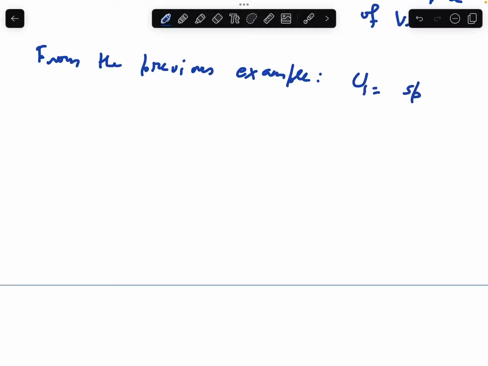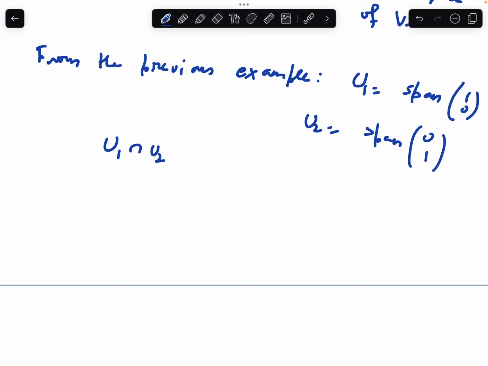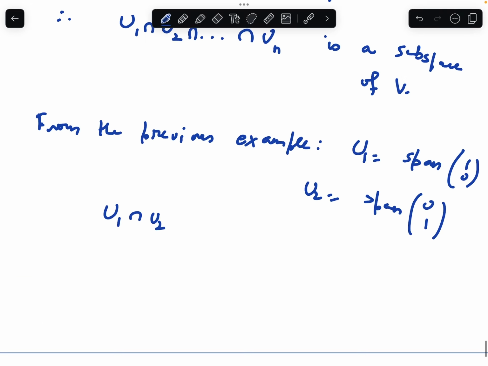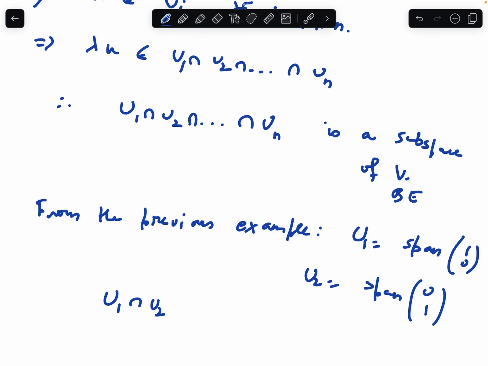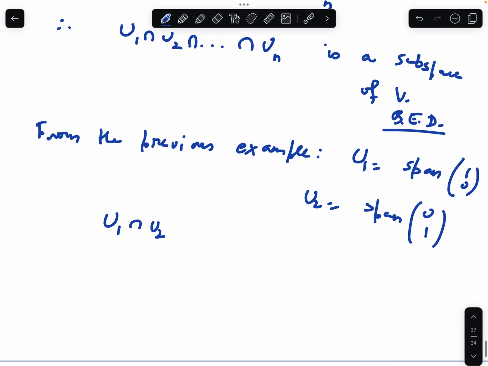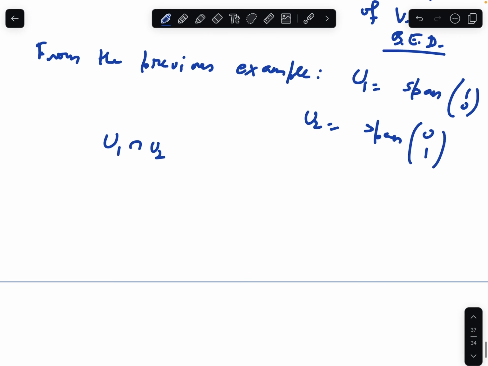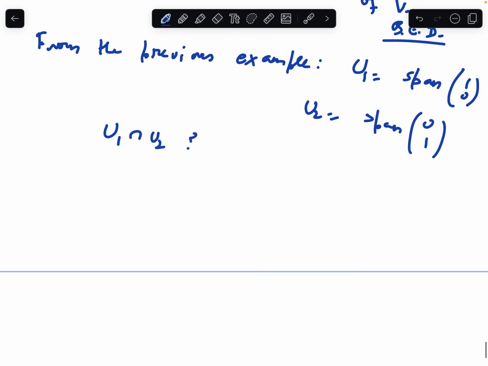X-axis means span of (1, 0), and U2 is span of (0, 1). That is the y-axis. Now, we have seen that U1 intersection U2 is a vector space. So, what is U1 intersection U2? Can we find it here? Let's see.